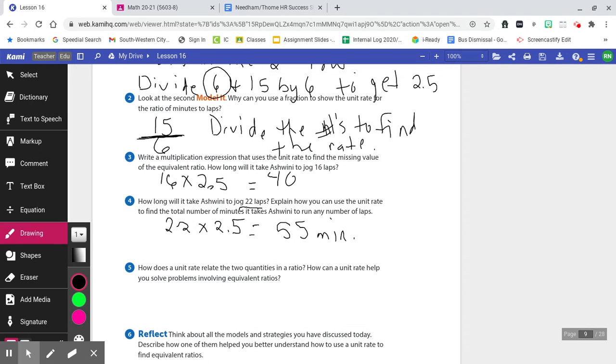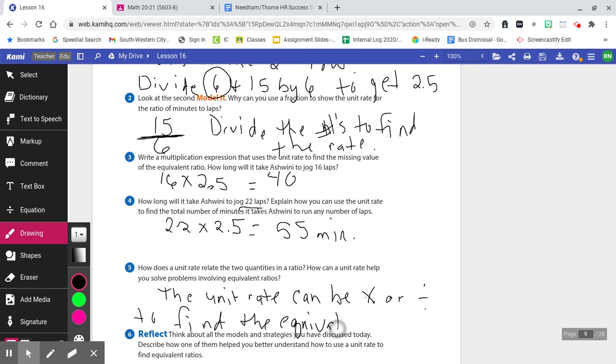So once you find the unit rate, you can multiply or divide by that unit rate to find the missing piece. The unit rate can be multiplied or divided to find the equivalent ratio. I hope you guys can read this.